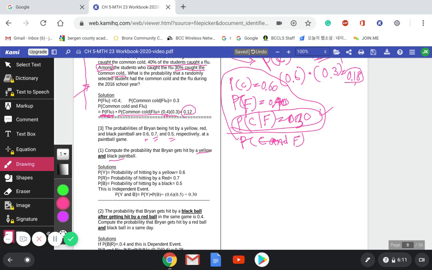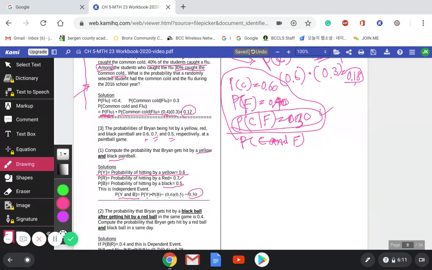So yellow is given as 0.6, red is 0.7, and black is 0.5. Yellow and black are independent, so it's yellow times black. So 0.6 times 0.5, which is 0.30.